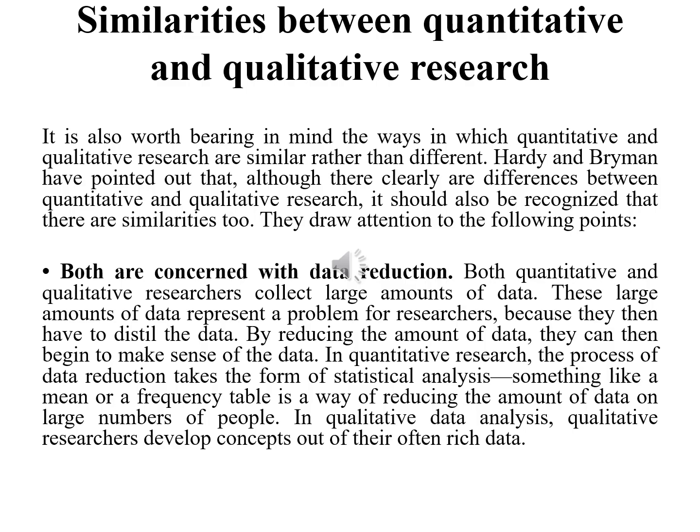The first is that both are concerned with data reduction. Data reduction means reducing a large amount of information into a simple and understandable form. Quantitative research uses statistics like averages, percentages and frequency tables, reducing huge data to give accuracy and correct findings.